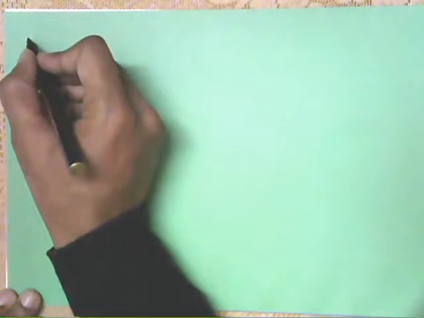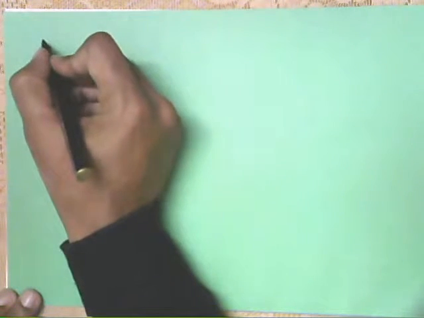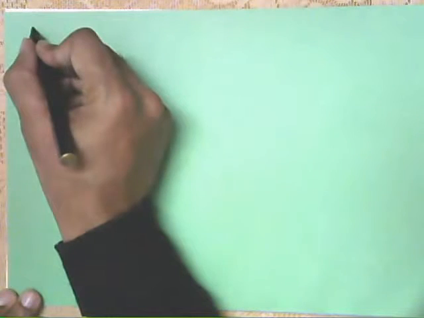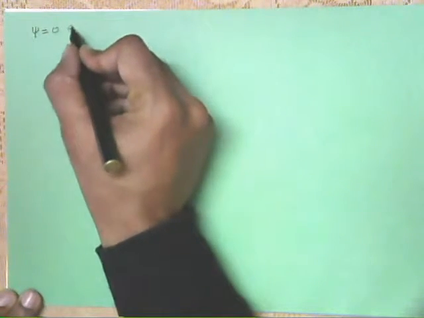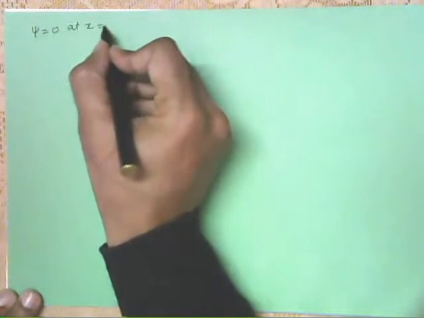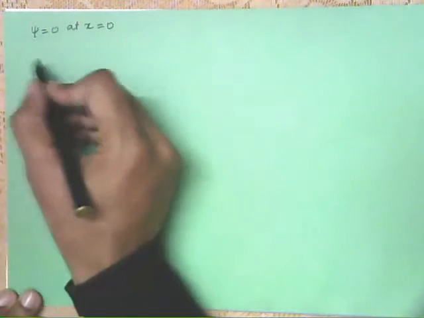So applying the boundary condition, the first boundary condition is ψ = 0 at x = 0.